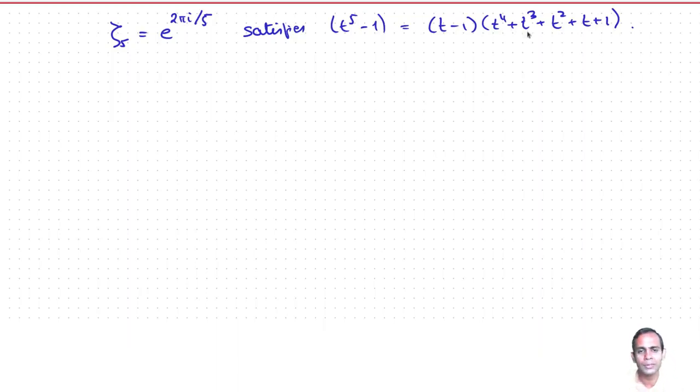I will defer it to next week, and you will see this when we prove Eisenstein's criterion for irreducibility. But anyway, it turns out that this is irreducible, and in any case zeta 5 doesn't satisfy the other factor. So this is to be done. We haven't technically fully solved this problem. You can try proving that it's irreducible with how much you know right now, by looking for a factorization.